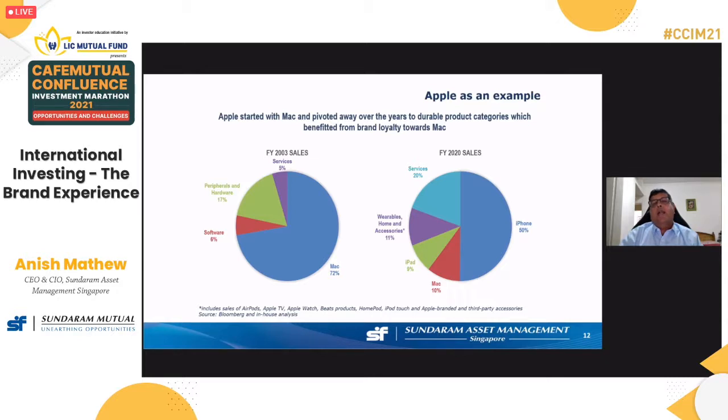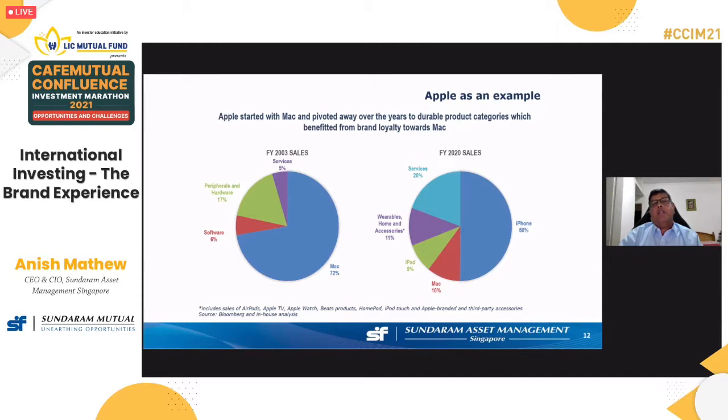In 2001, Apple was able to launch the iPod, followed by the iPhone in 2007, the iPad in 2010, and the iWatch in 2015. In all these categories, they were not the first to get into the category, nor were they the one which had the most technologically advanced product.